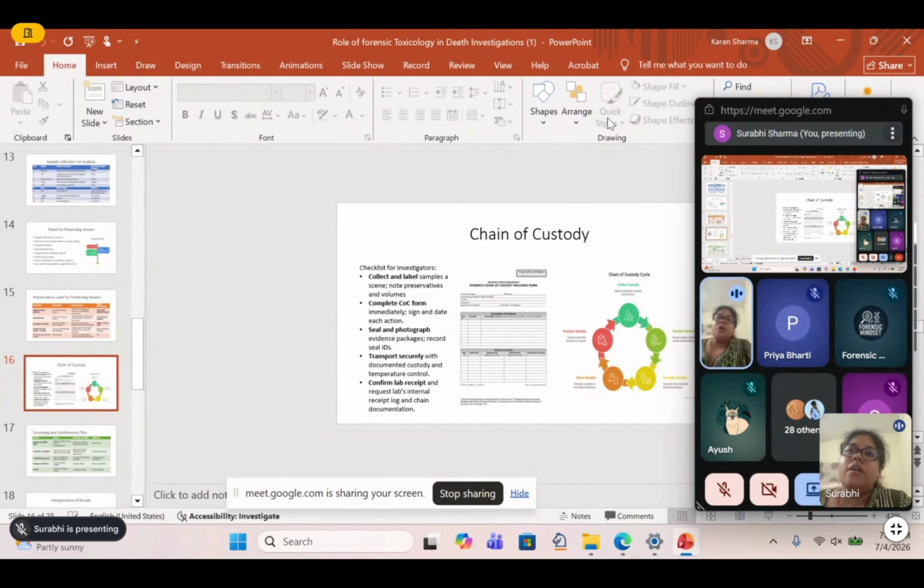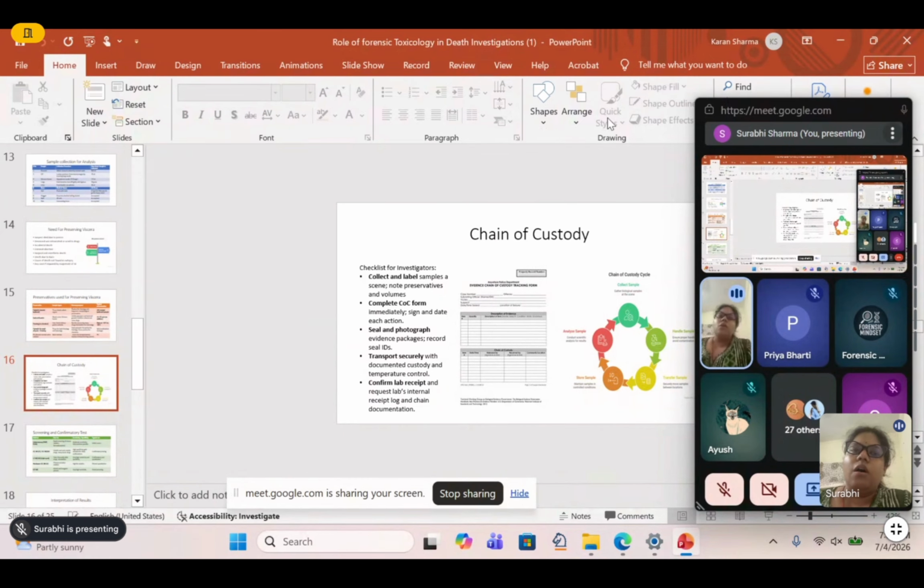In that particular law, we have understood that sample analysis is mandatory, and to keep the authentication of the analysis of the sample, we need to maintain the chain of custody. For chain of custody, we have to follow these steps: collecting and labeling the samples at a scene. We have to note the preservatives.